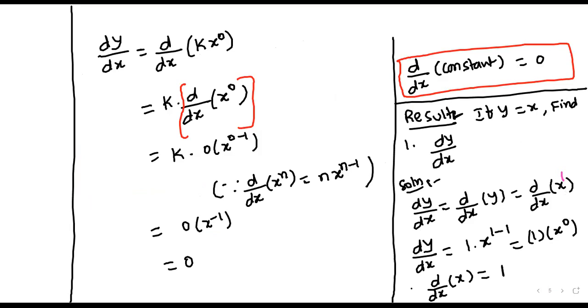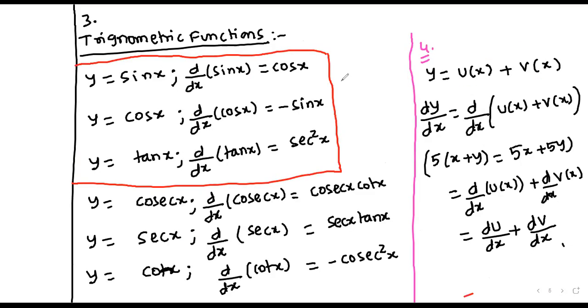Only those formulas, and these three. Hardly three here and two before. These five formulas you remember. Every class I'll give five formulas so that you can remember. Slowly we will go.